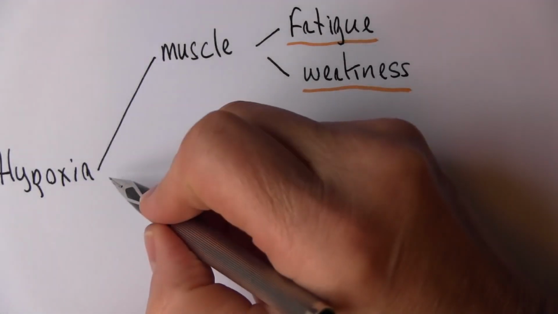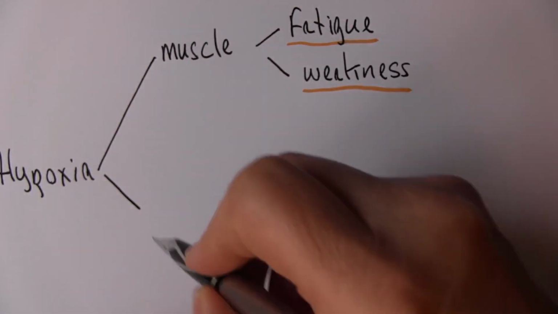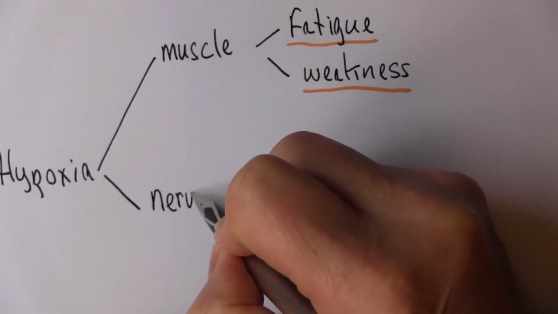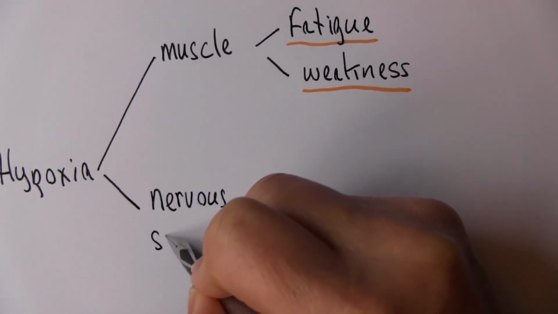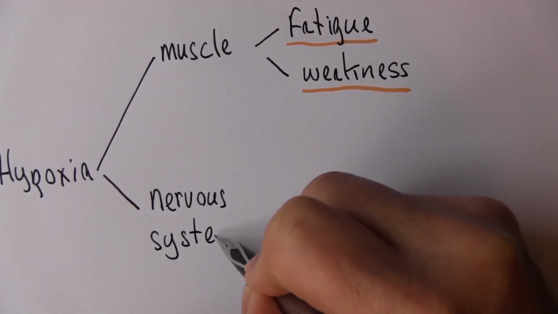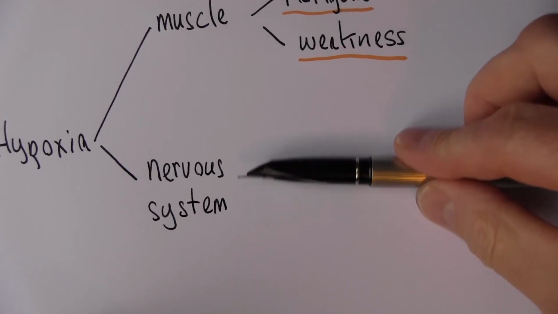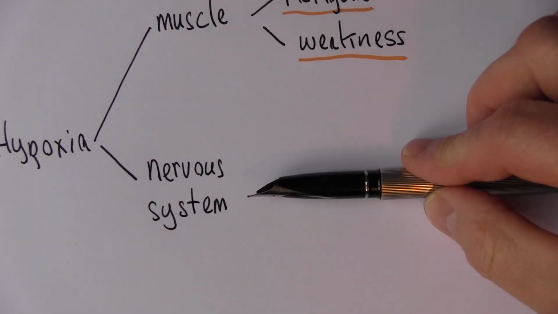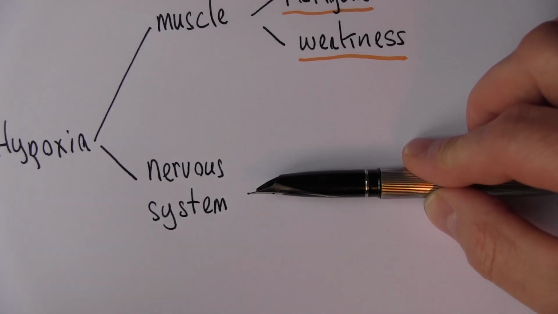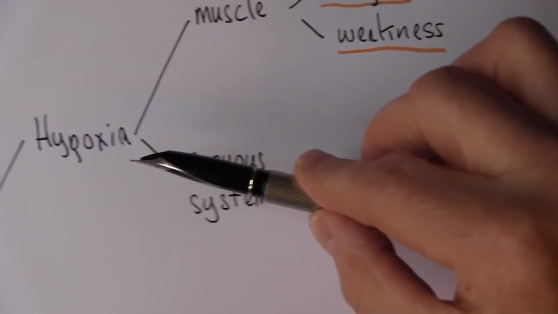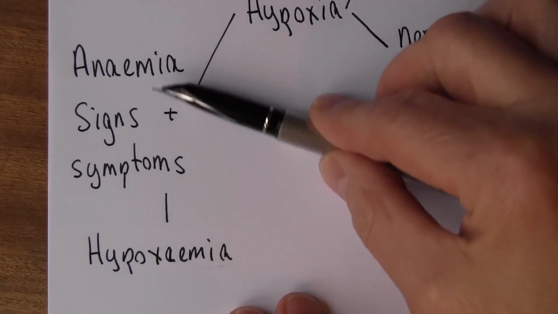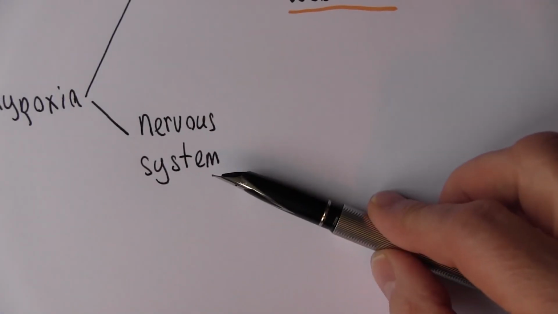Now, another tissue that becomes hypoxic is the nervous system. And again, the nervous system uses a lot of energy. It's a very high metabolic demand in the nervous system, both in the central nervous system and in the peripheral nervous system. So how will the hypoxia caused by the anaemia affect the nervous system?